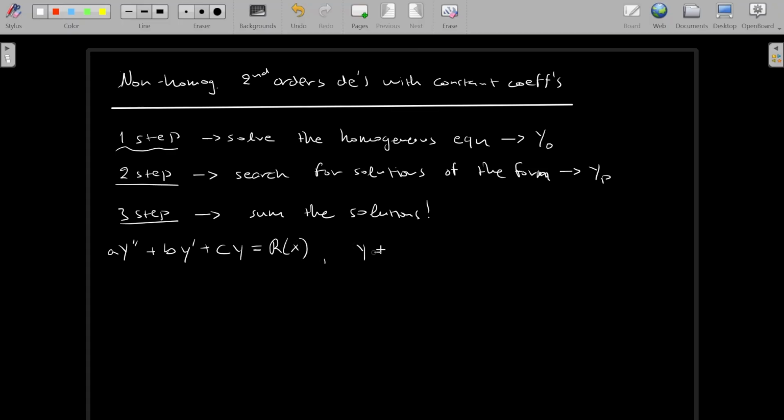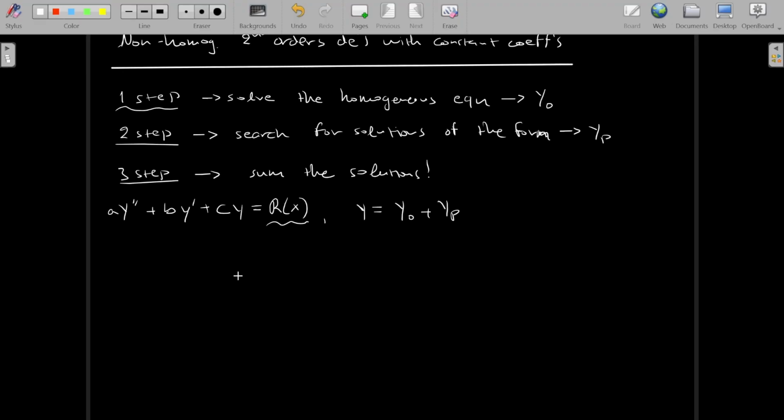Then the solution is going to be the general solution, which consists of two linearly independent solutions, plus the particular solution, which represents the non-homogeneous part. Now, the general rule we follow here has to do with the form of the non-homogeneous part.